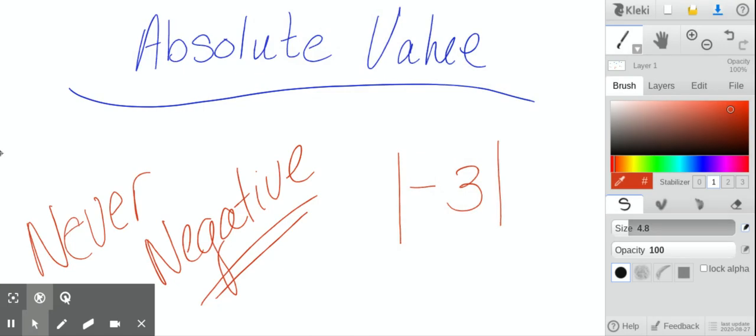So in this case, -3, the distance from 0 is 3 units, or 3 hops on the number line. So the absolute value of -3 is equal to 3. Once you find the absolute value, the absolute value lines disappear. They do not go along with your answer.